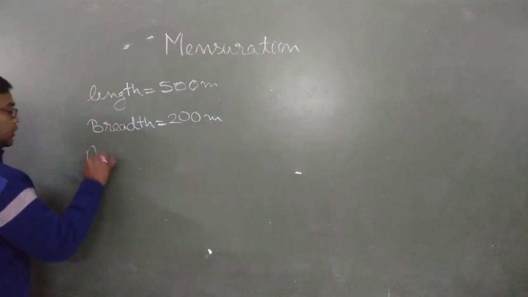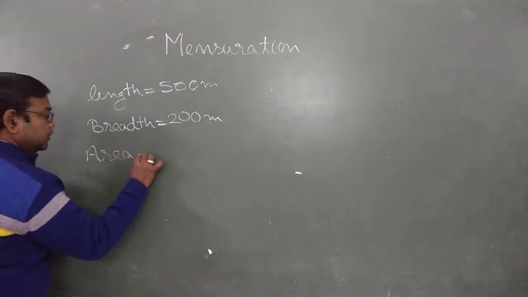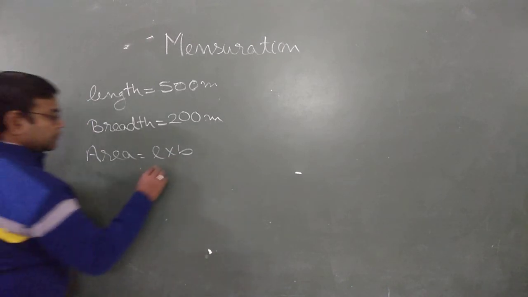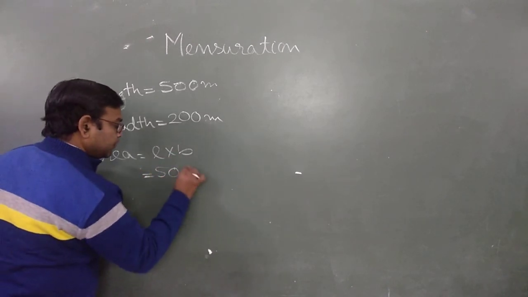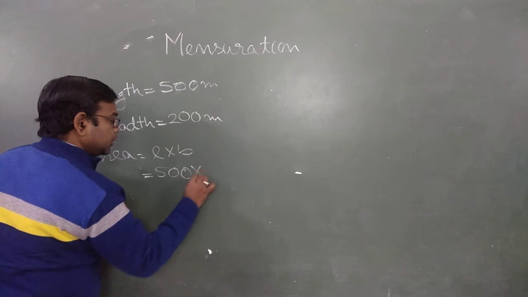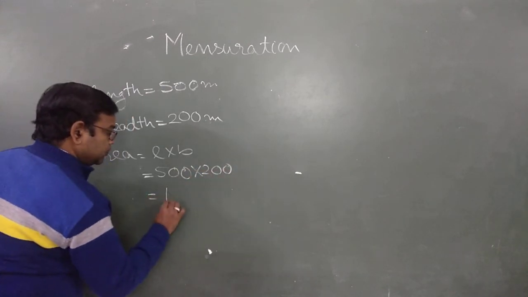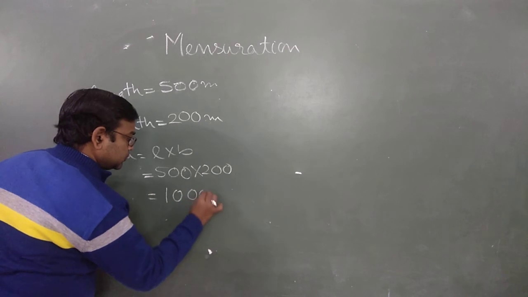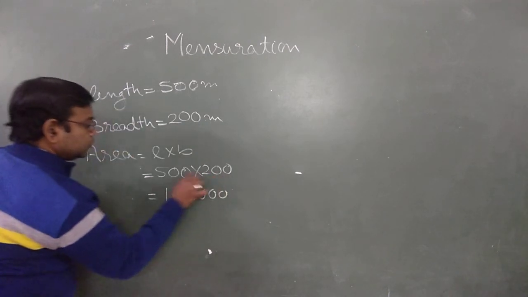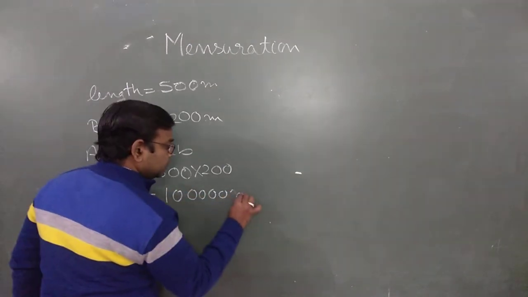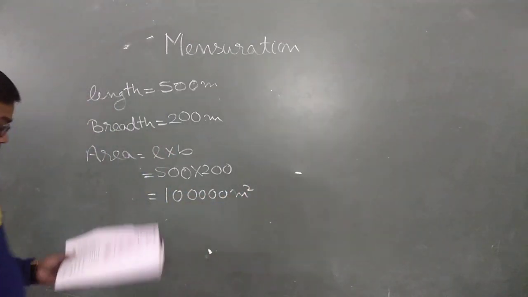So what is the area of the field? It's length into breadth. Always write the formula. 500 into 200. 5 2s are 10, then the zeros, 1 2 3 4, then 5 2s are 10. It's meter square, this is the area.